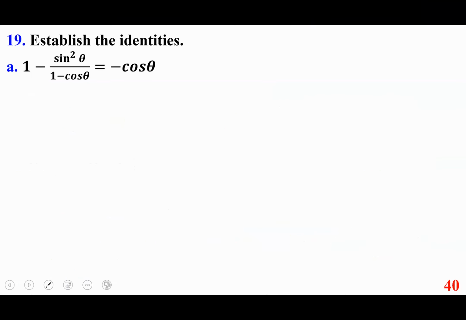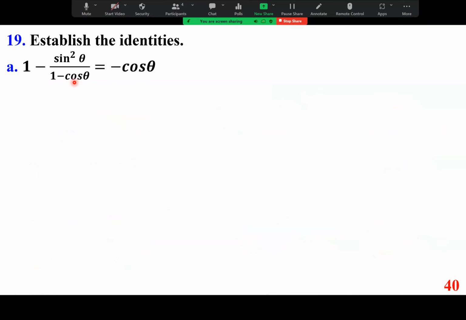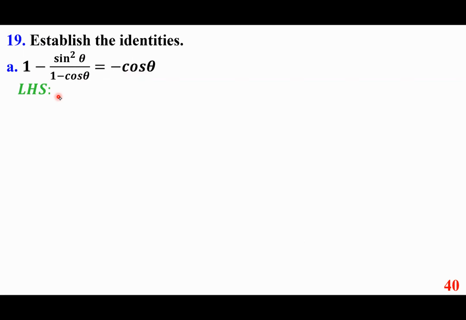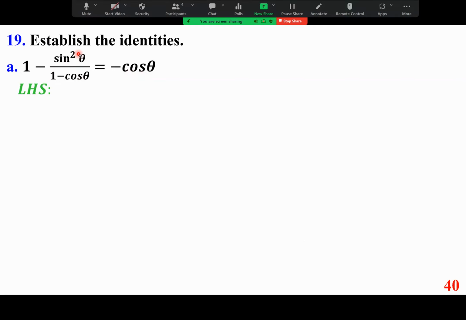Again, the left-hand side, 1 minus sine squared over 1 minus cosine theta equals negative cosine theta. The left-hand side is more complicated. We start with the left-hand side. There may be other approaches, but a very fast and easy approach would be to write this as 1 minus cosine squared.